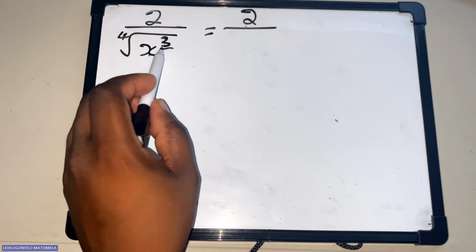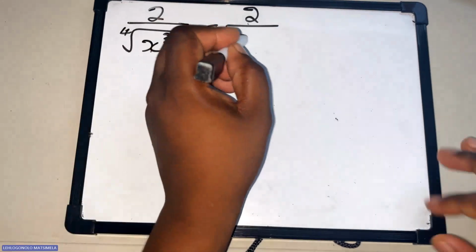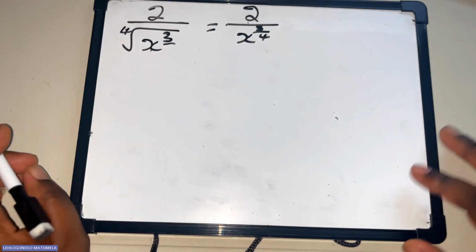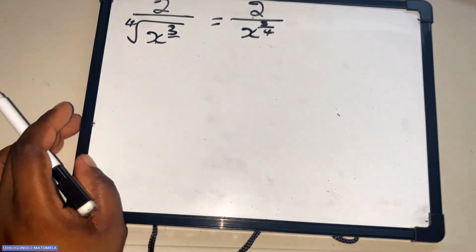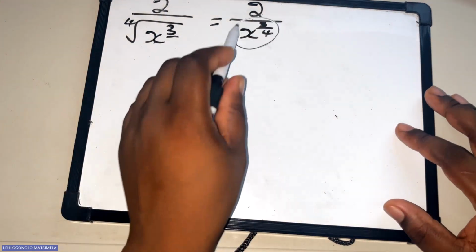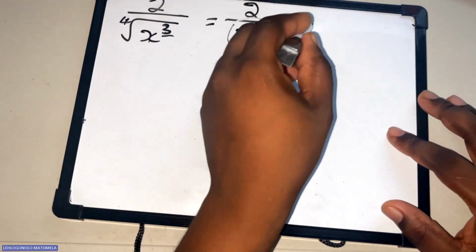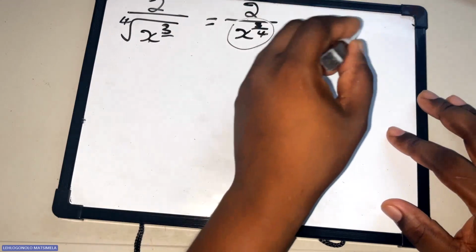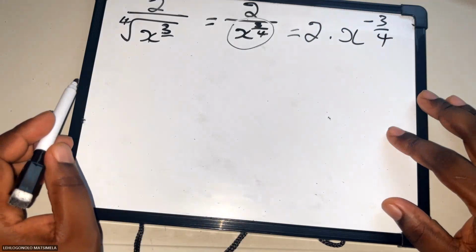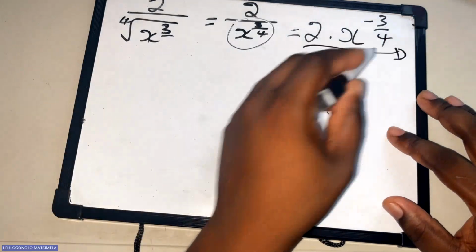It means I have to divide it by the root here, which is x to the power of 3 divided by 4. That is the fourth root. And then simply I have to move this from the denominator to the numerator, which gives 2 multiplied by x to the power of negative 3 over 4. Simple. Then it's done up to here.